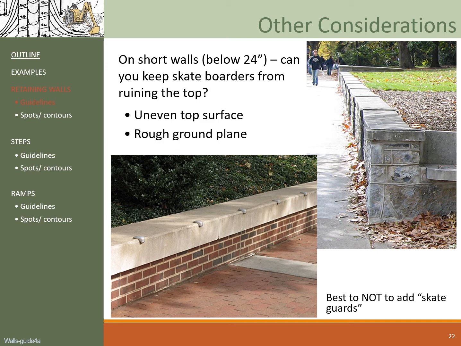So think about how we can prevent the skateboarders from ruining the top of the walls with design strategies instead of using the metal skate guards in the bottom left picture here. How can we integrate, for instance, an uneven top space with a rough ground plane to achieve the goal without being too obviously against the skateboarders, right?